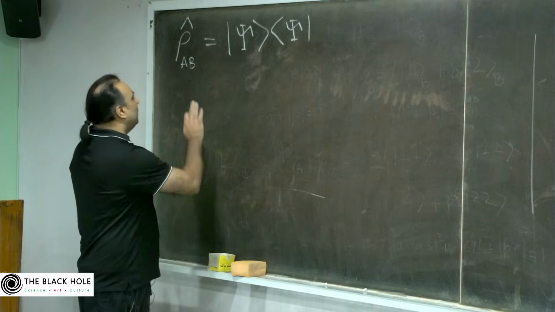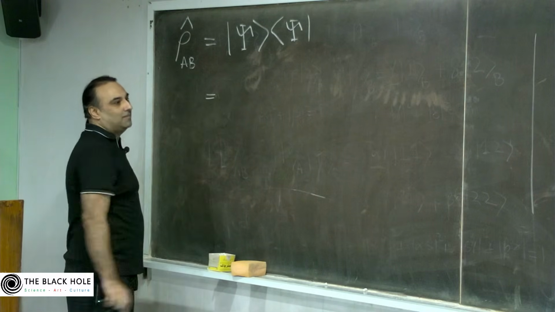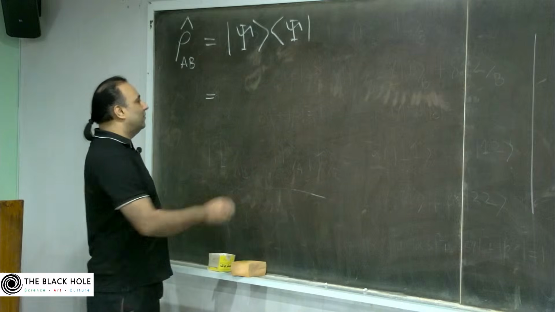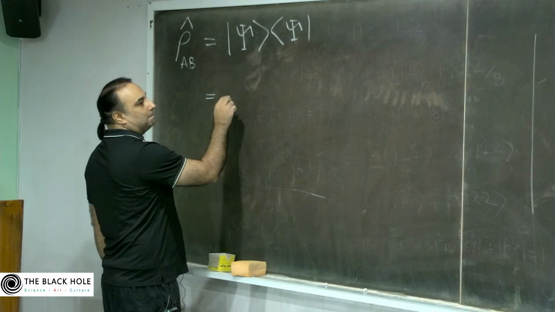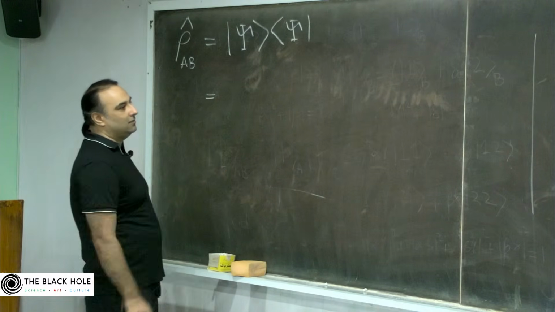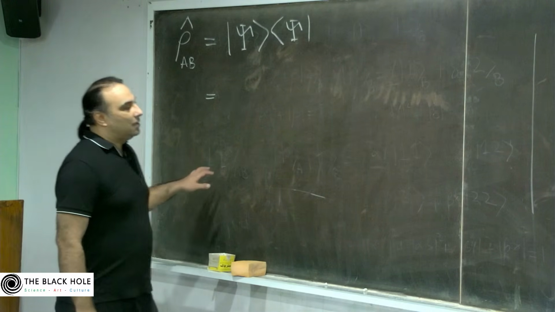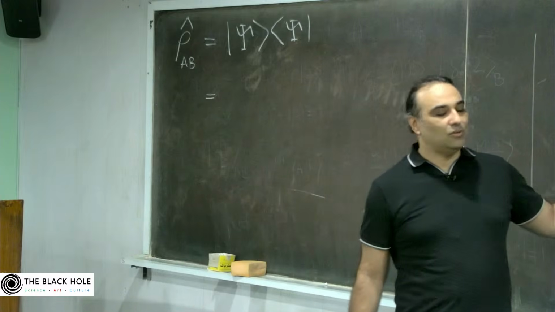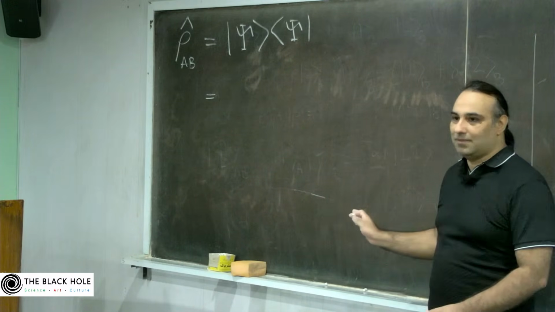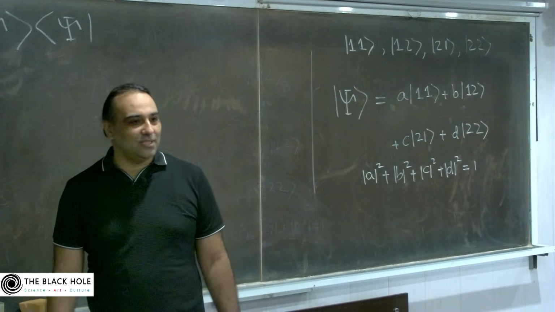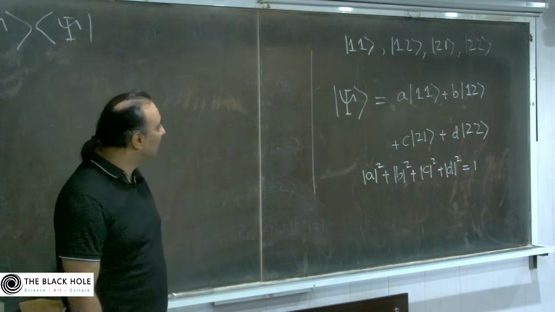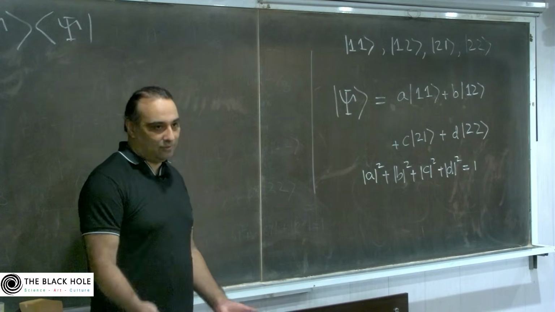Okay, so we can compute this and it's very easy. There are 4 numbers here, so we will get 16 numbers. Should I calculate all those 16, or maybe calculate a few and then you would know.